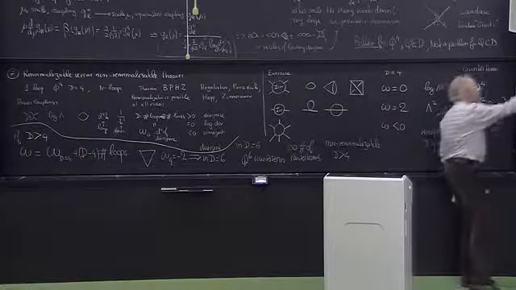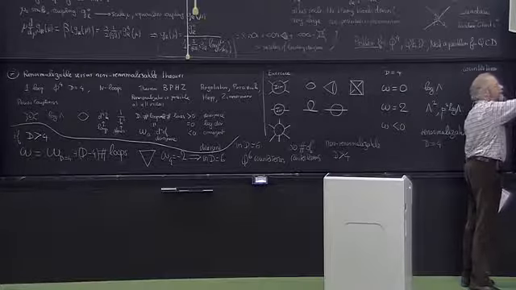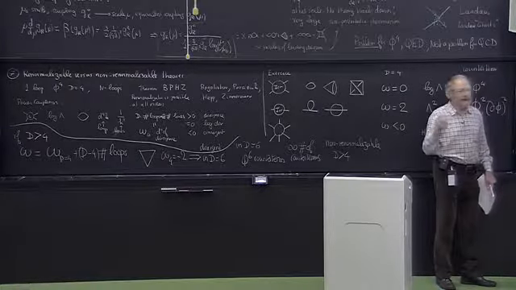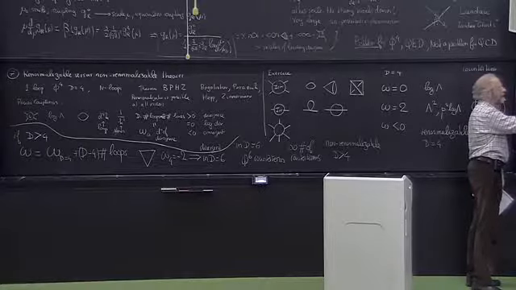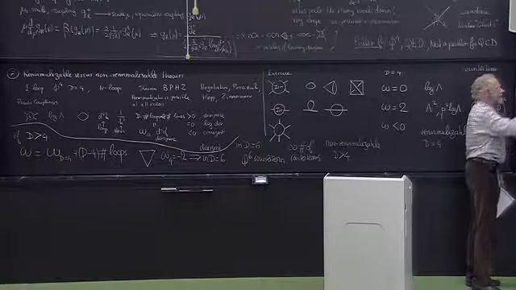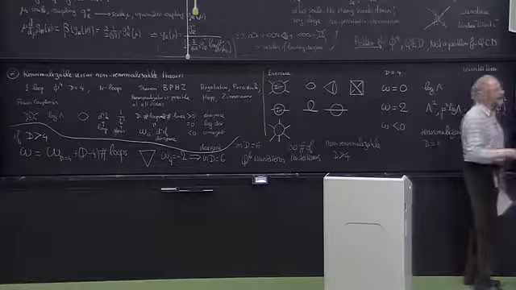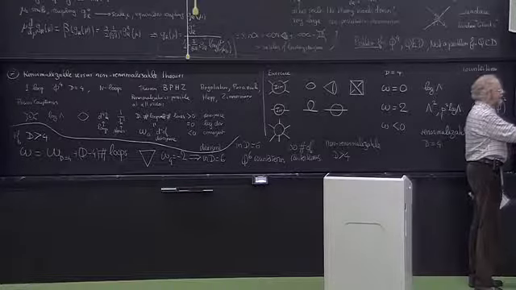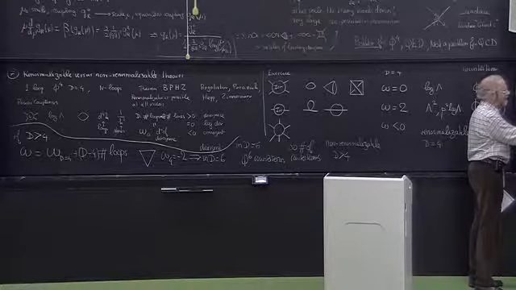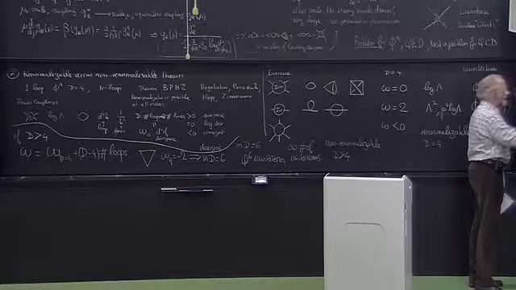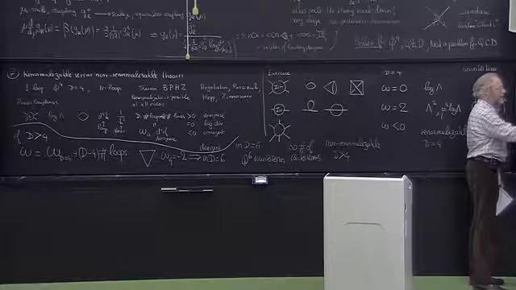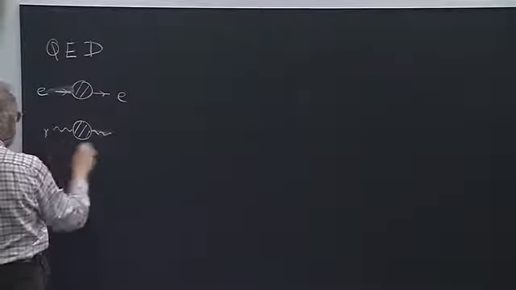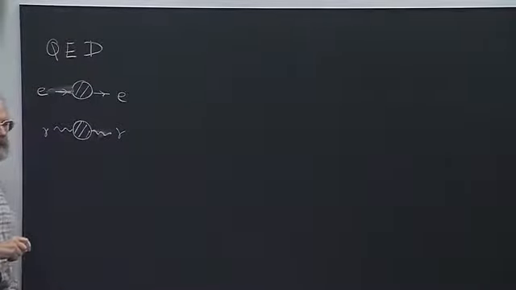In QED, you have a different kind of thing, but the 2-point function, with fermions, you can count the degrees of divergence. An electron propagator is divergent. The photon propagator, I think, is divergent.